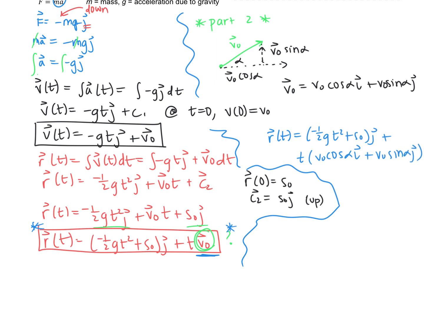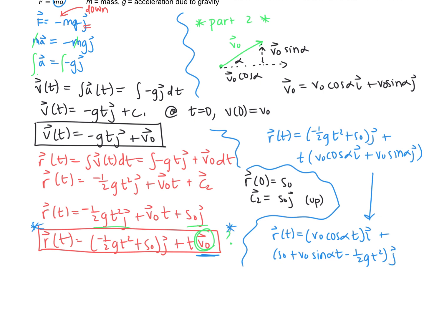Okay, so now we have some i's and some j's. So if we can get all the i's together, get all the j's together, that would be great. So if we simplify, this is going to become r of t is equal to v naught cosine of alpha t i add s naught, add v naught sine of alpha t, subtract 1/2 g t squared, all of that times j.